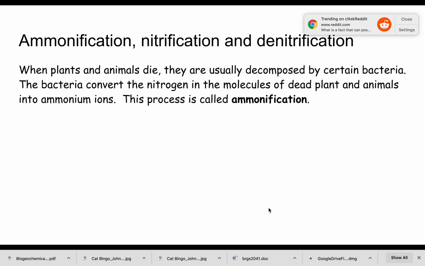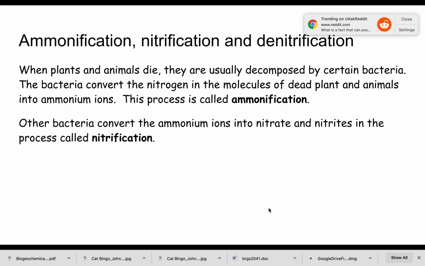These bacteria convert the nitrogen in the molecules of dead plants and animals into ammonium ions. This process is called ammonification. Then other bacteria convert the ammonium ions into nitrates and nitrites through the process of nitrification.